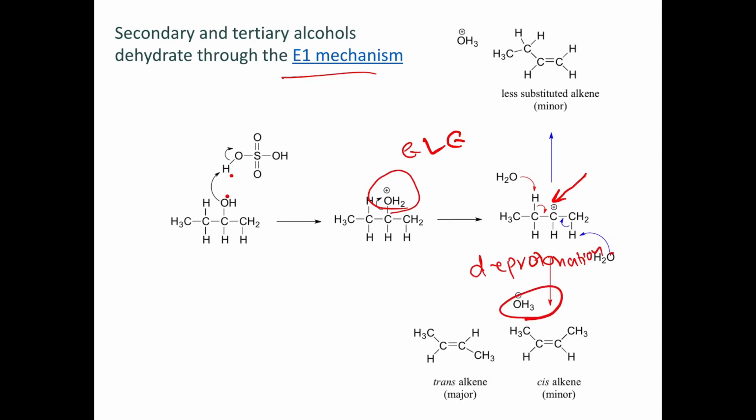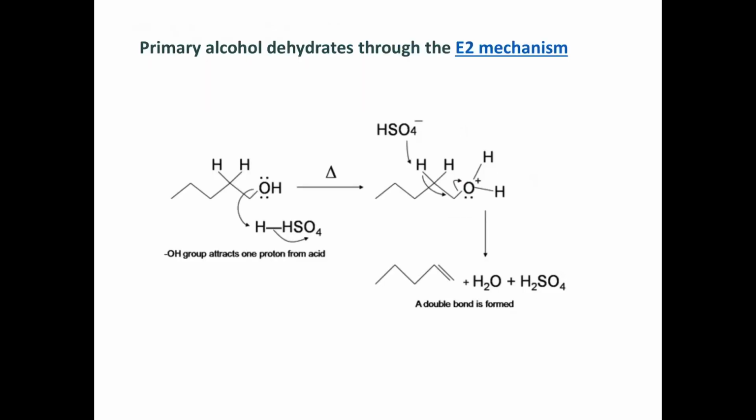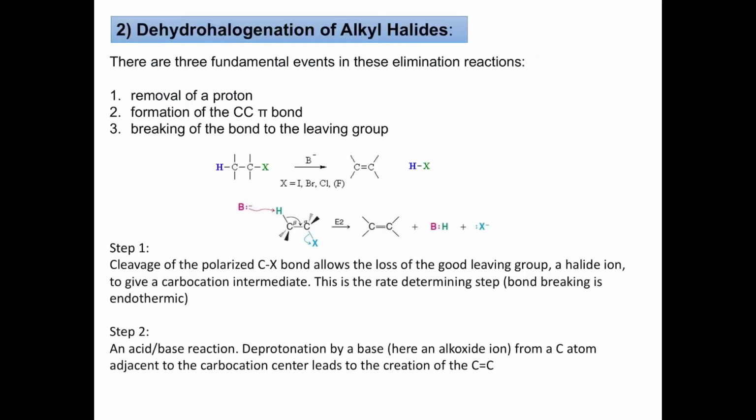Then we have OH2 and the double bond, H3O, sorry. Primary alcohols undergo the E2 mechanism, forming the double bond. Dehydrohalogenation. Dehydrohalogenation means taking hydrogen and halogen from the RX to form R double bond R.